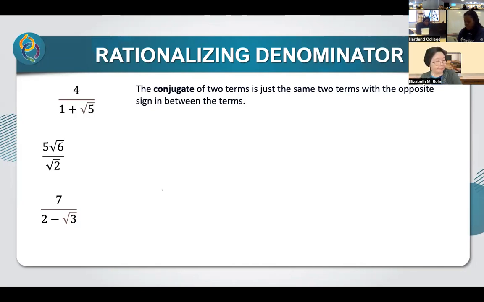Got the answer? I got 14 plus 7 square root 3. Okay, 14 plus 7 root of 3. Then you all got the same answer? That's the answer I got.